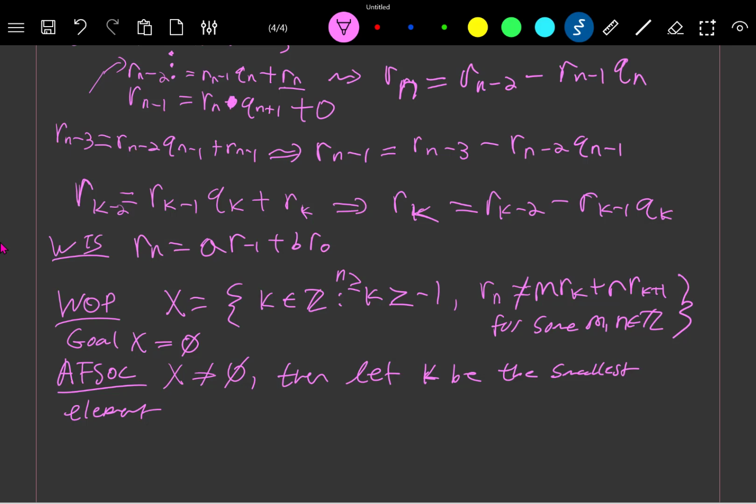If the smallest index is 1, okay, maybe we want to pick the largest index. And we know it's largest because this is a finite set. So we'll note that n is not in X, n minus 1 is not in X, let's just say n minus 2 is not in X as well.